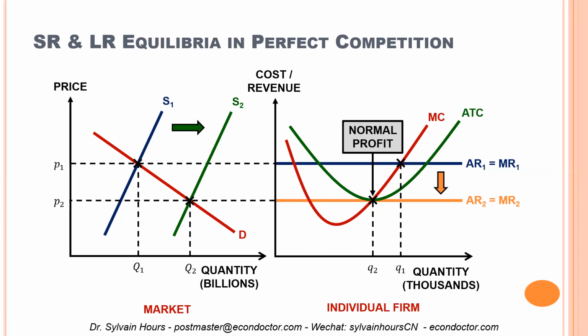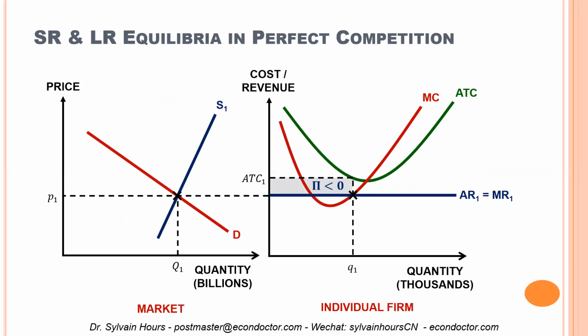You can say that perfectly competitive markets do not achieve economic efficiency in the short run, because we don't have productive efficiency, but perfectly competitive markets do achieve economic efficiency in the long run, because we have both productive and allocative efficiency. And that's it.